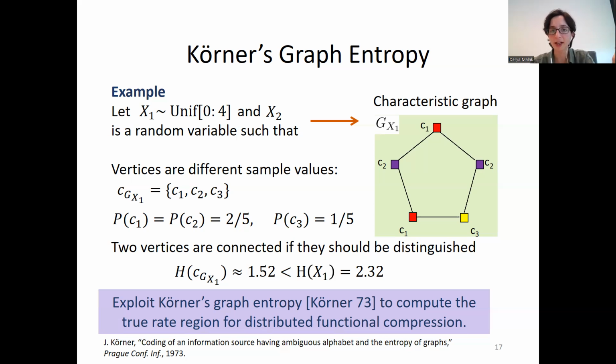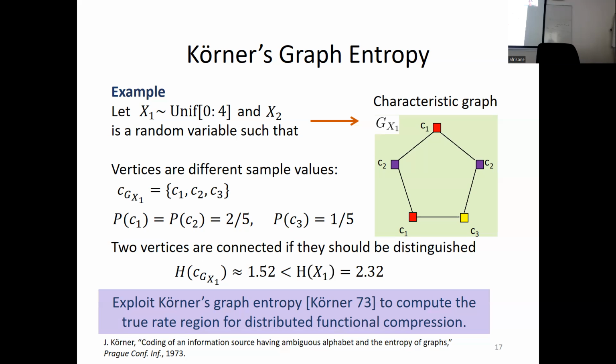Once we build the graph, the problem becomes how to do the coloring of this graph efficiently. For example, for a pentagon like this, we need 3 colors. We cannot do a coloring more efficient than this. And when the samples are uniform, the coloring distribution of this graph is like this: I have to use this red color twice and the purple twice.